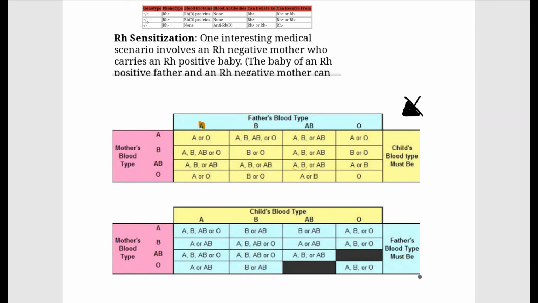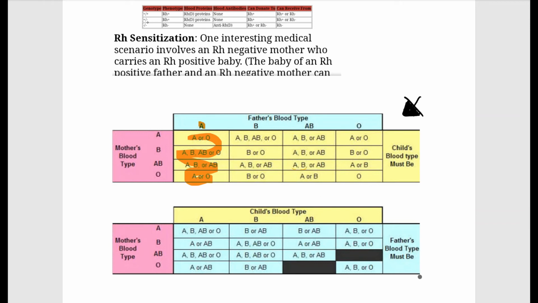As you can see, there are so many types. So within A, I guess these things you have to really remember. When an A is bonded to a B, it produces 4 types. When it's bonded to an AB, it will produce all 3 types.